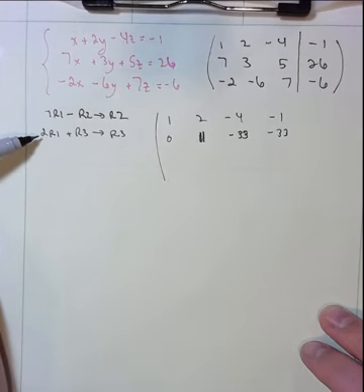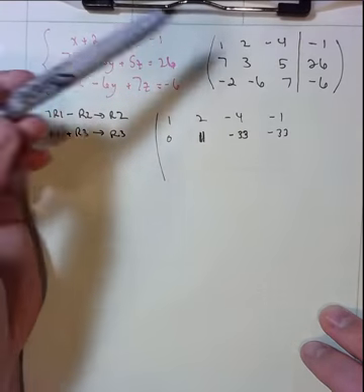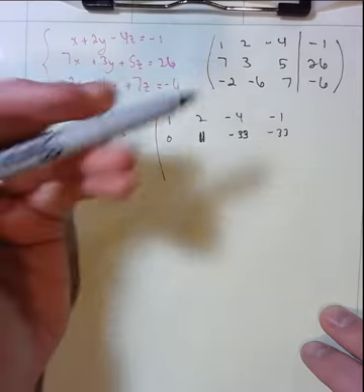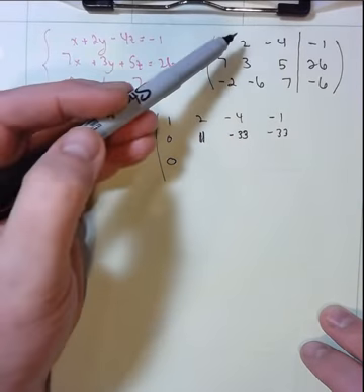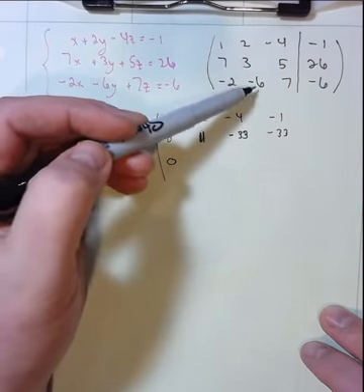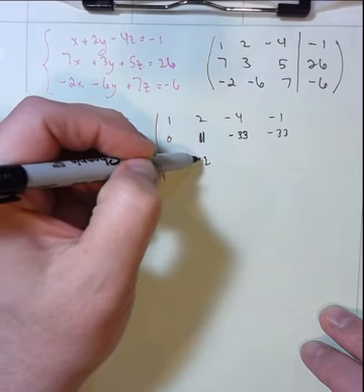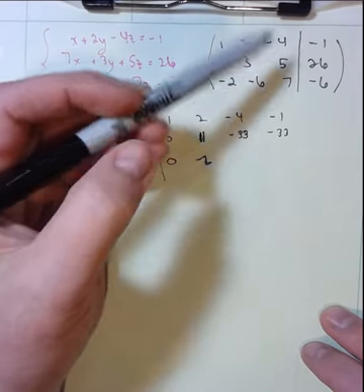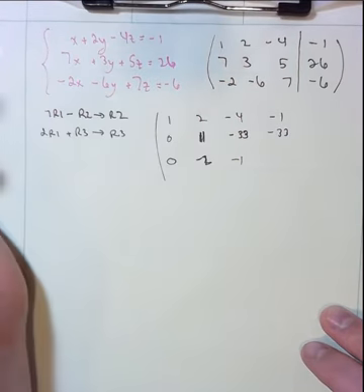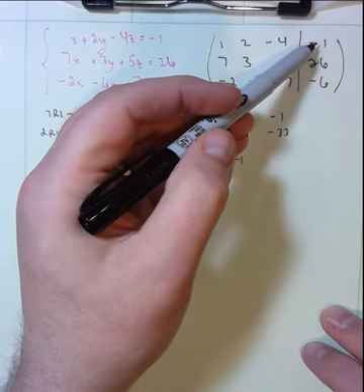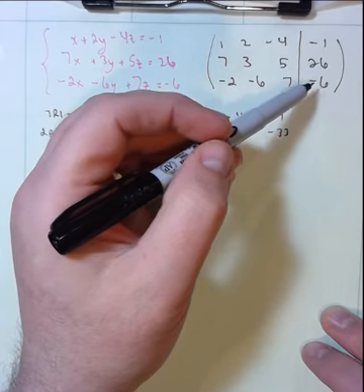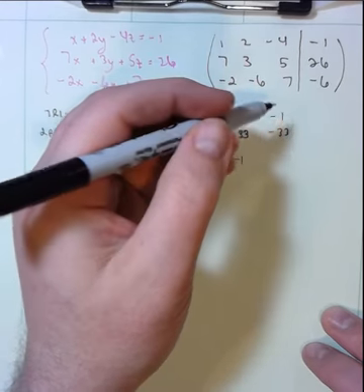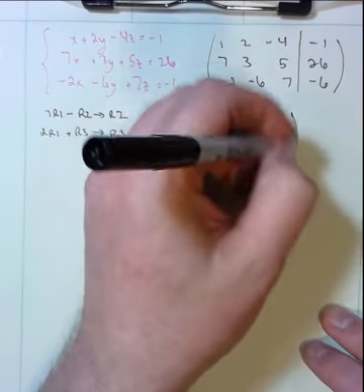Now let's do the third row. We're going to operate as 2 row 1 plus row 3. So 2 of those plus that. There's our 0. That was the whole point. 2 of those, 4 plus that. 2 of those, negative 8 plus 7, negative 1. And 2 of those, so negative 2 plus negative 6 gives us negative 8.